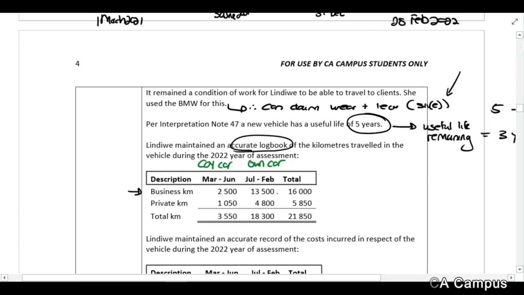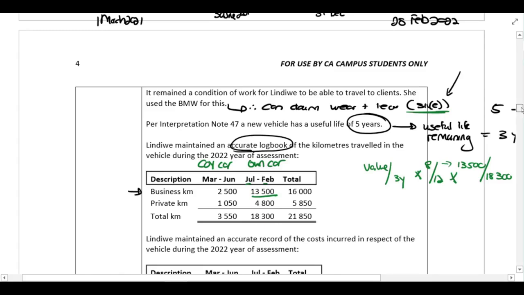So what I want you to see is, what I mean by this wear and tear over here, it will be the value of the vehicle over 3 years times July until February is 8 months over 12, so that's for the year, times 13,500 over 18,300. You can only claim it for the business portion.